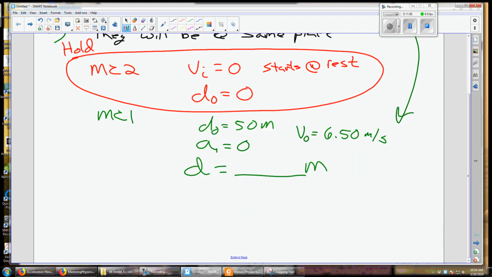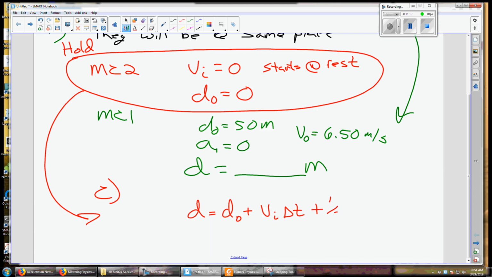I just needed to bring this down to do part C this way. And I'm going to use my same equation. My time is still my 10 seconds.